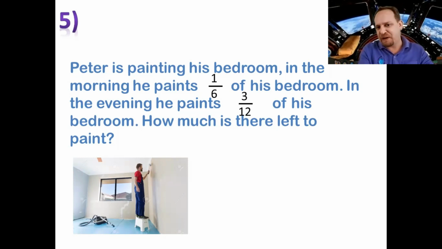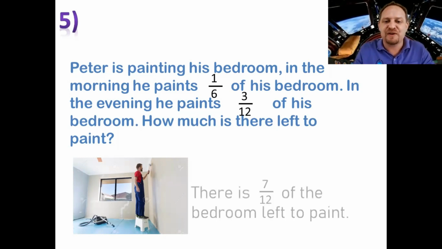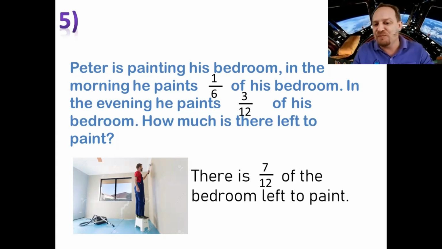You had to add 1/6 and 3/12, and then see what the remainder was to get it to a whole number. If you change 6 to 12 and 1 to 2, you'd have 2/12 plus 3/12, which would be 5/12. And the remainder would be 7/12, wouldn't it? So your sentence could say, there is 7/12 of the bedroom left to paint.